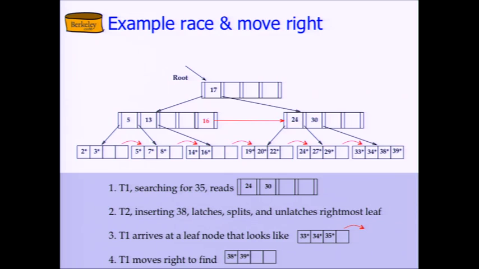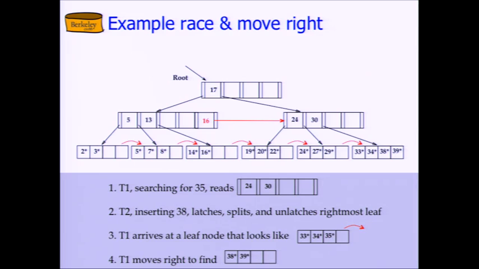T1 has already copied 2430 into memory, right? So even if we recursively inserted a pointer to the new child in the parent, T1 doesn't see it because T1 copied an image before then. So T1 is going to arrive at the leaf, and the leaf is going to contain 33, 34, 35, and a right link.